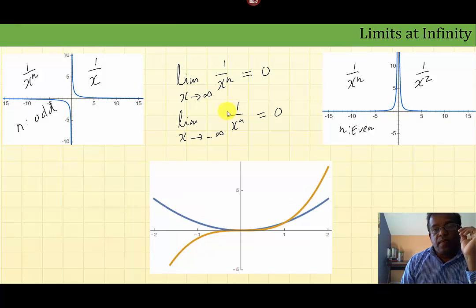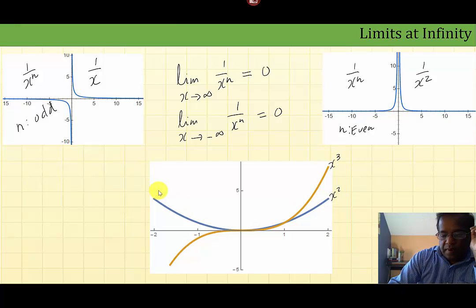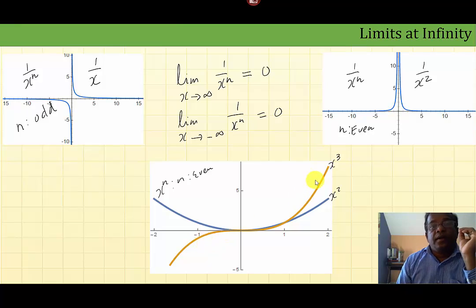And also, we're going to use our knowledge about the basic power functions. This is the graph of x squared, and this is the graph of x to the third. So all the graphs of the even power, where x to the n is even, are going to look like this, x squared. And all the graphs of x to the n where n is odd are going to look like this.